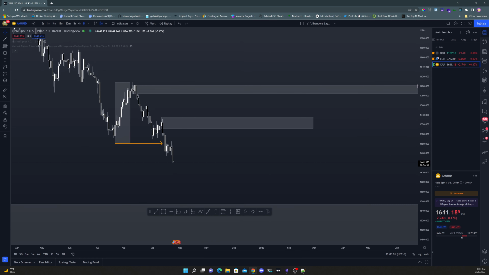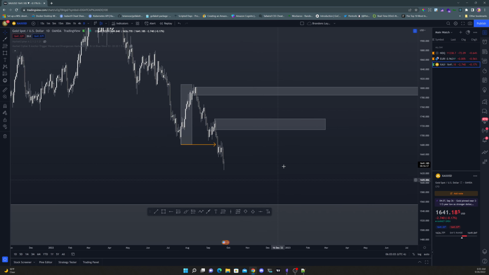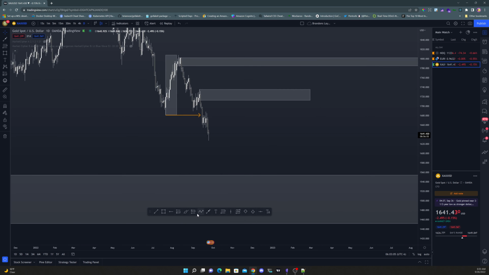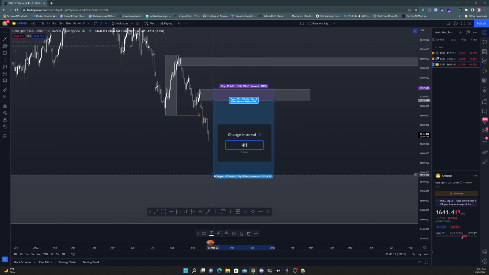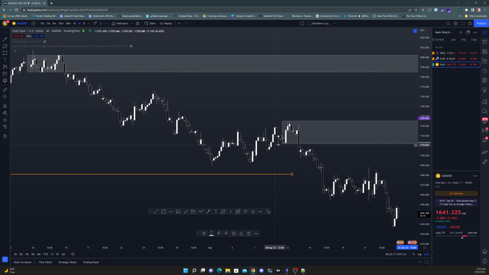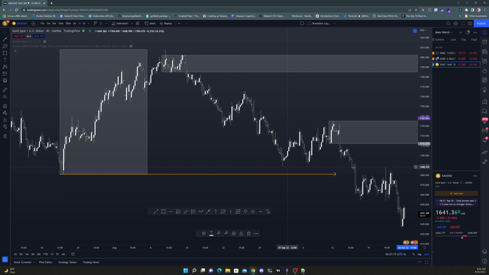Ultimately, we're bearish and we want to find ways to continue bearish. So I like this zone overall. We could say, okay, it came down here, and we have enough meat on this bone. So 4 hour, because when you start to zoom in, you start to get a slightly different picture.